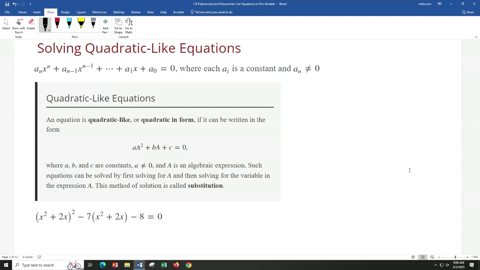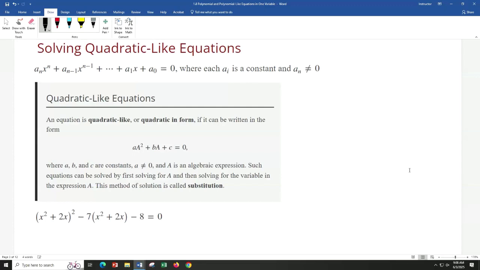Such equations can be solved first by solving for A. You're just factoring. Normal factoring, that's it. And then we substitute back in the expression that we substituted. This will be one of those that once I do an example, you're gonna go, okay. It doesn't mean you're gonna like it, but you're gonna go, okay, I got it.